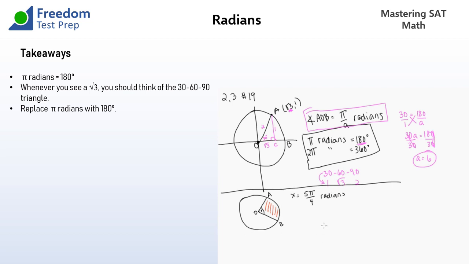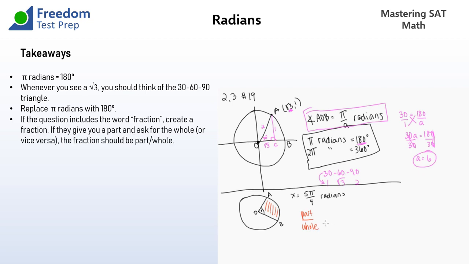Now, there were a couple of other videos in which I talked about this fraction, the part over the whole. This comes in because we know that this angle, which forms this particular sector that's shaded, is 5 pi over 4.